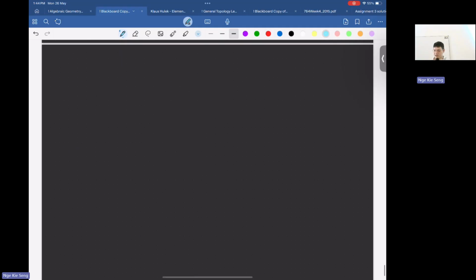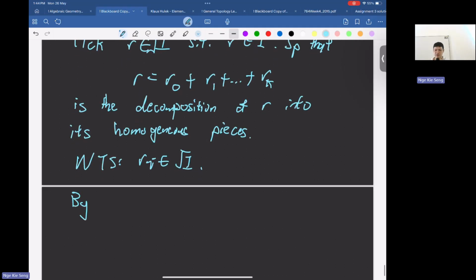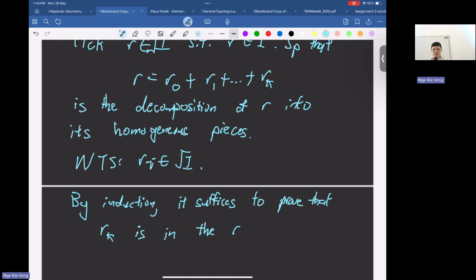By induction, we just need to care about whether we can show that the largest one, R_k, is in the radical. If k is 0, we already showed that R is inside the radical by assumption. So try induction.